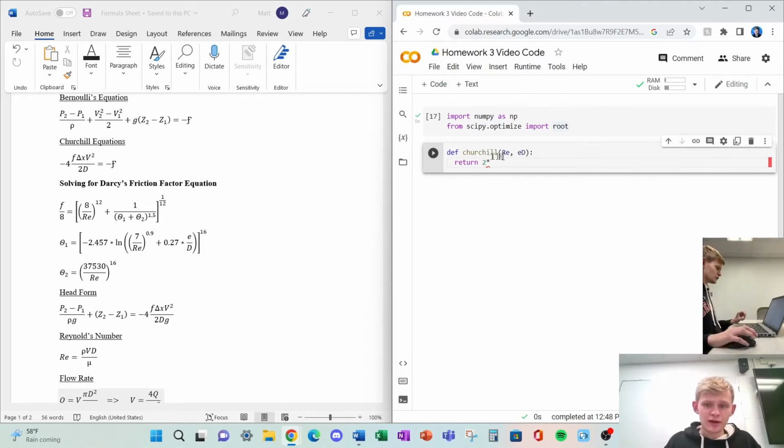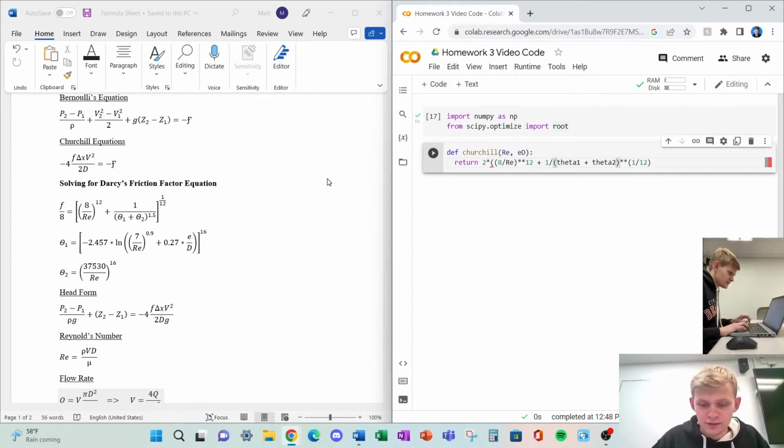So we're going to multiply this equation by 2, and if you can tell here, we also have an exponent, so it's going to be to the 1 over 12th power, and then we're going to come back into this equation and start writing out all the terms that we need. So it's going to be 8 divided by our Reynolds number to the power of 12 plus 1 over our theta values. So we're going to say theta 1 plus theta 2.